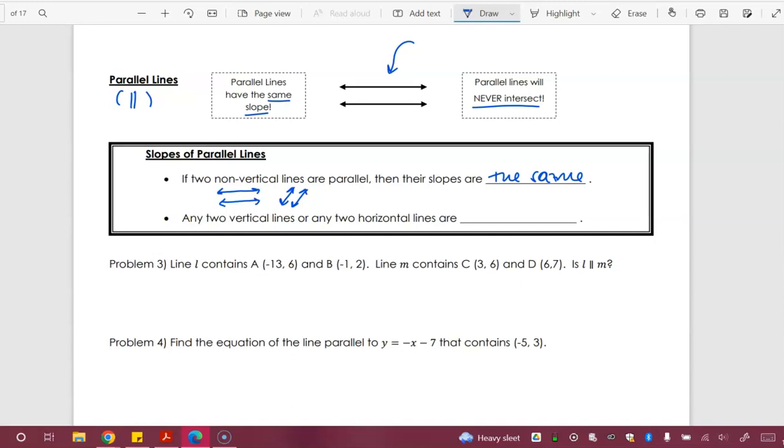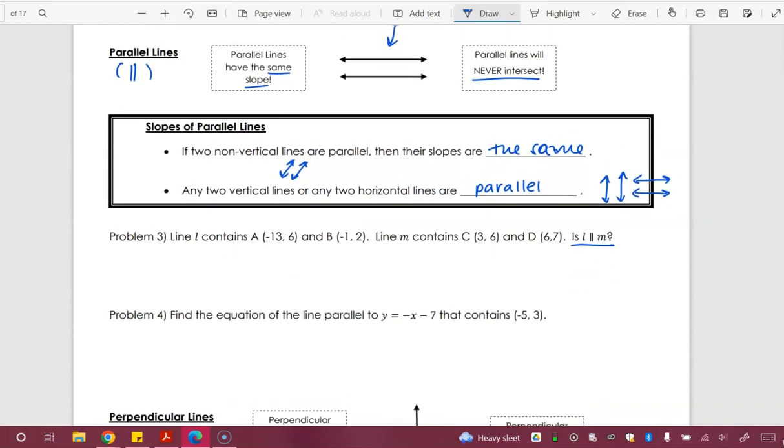Any two vertical lines, or any two horizontal lines, are parallel. Really that top one didn't have anything to do with horizontal lines, more just non-vertical. It could be horizontal.